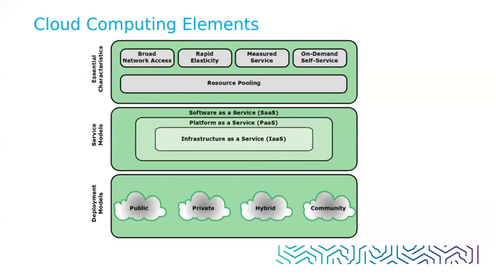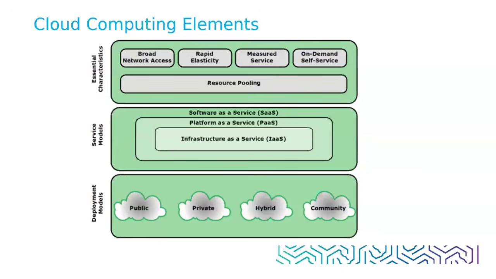So here, according to NIST SP 800-145, cloud computing is a model that provides convenient on-demand network access to a shared pool of configurable computing resources. So it includes servers, storage, applications, and services with minimal management effort.